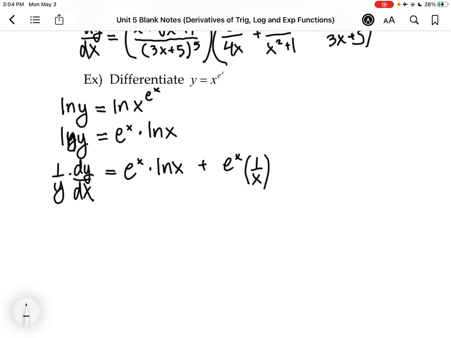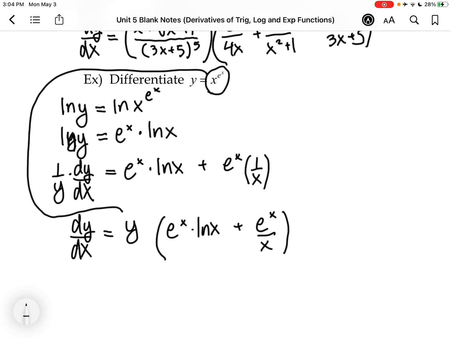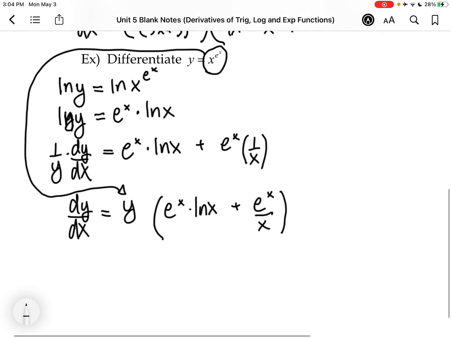Okay, then again, to isolate dy dx, we need to multiply both sides by y. So dy dx is going to be y times e to the x ln x plus e to the x over x. And then I can do the exact same trick I did before, where I take what y was originally equal to and sub it in here.